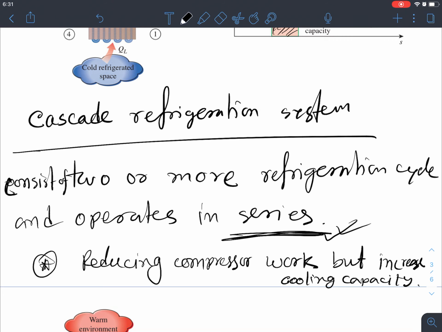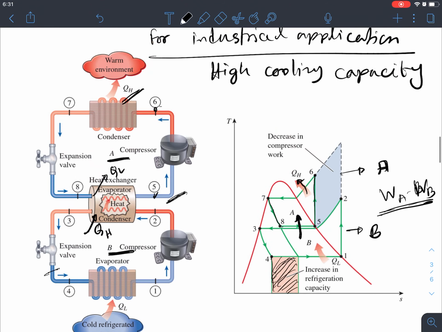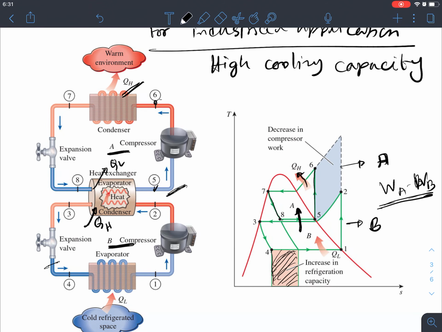Okay, so that's the benefit of the cascade refrigeration system. So if we use multiple, two or more compressors in a series connection, then it's called a cascade refrigeration cycle. And we saw how heat rejection and heat addition happen at this point.